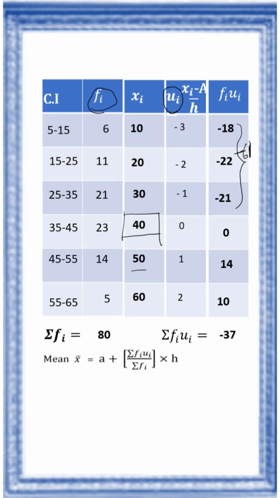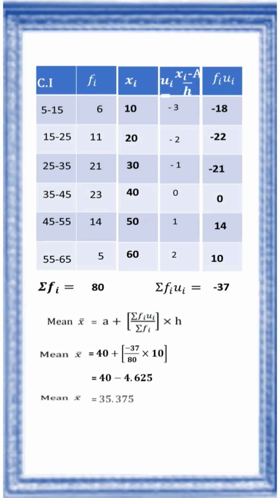Now let us find the mean by the step deviation method. The formula for which is a plus summation of fi ui upon summation of fi, into h. Now we have summation of fi is 80. Summation of fi ui is negative of 37. a is 40. Then we have h is 10.